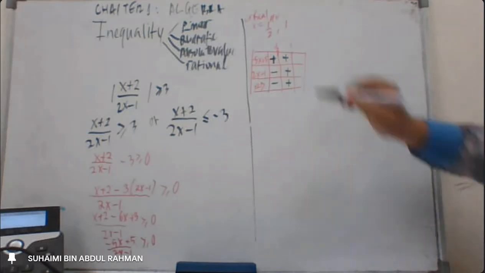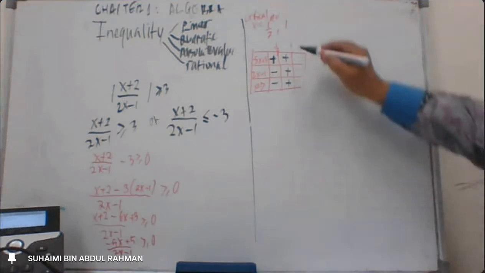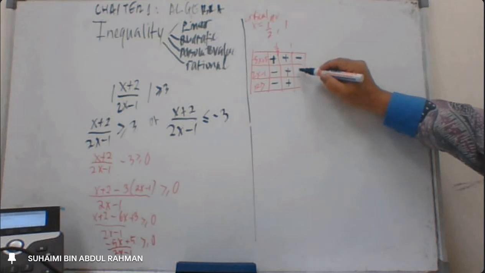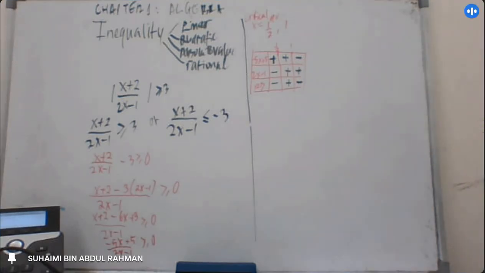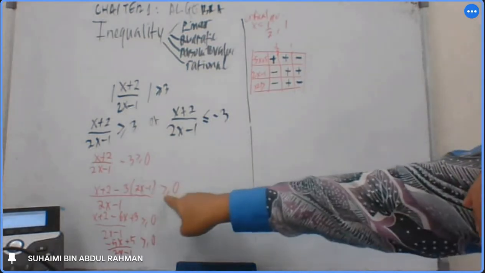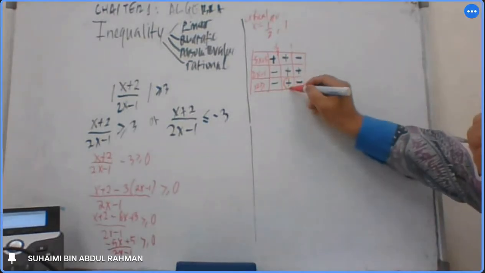Positive. Greater than 1, negative. So which one do we choose? Look at the sign: positive. This one.